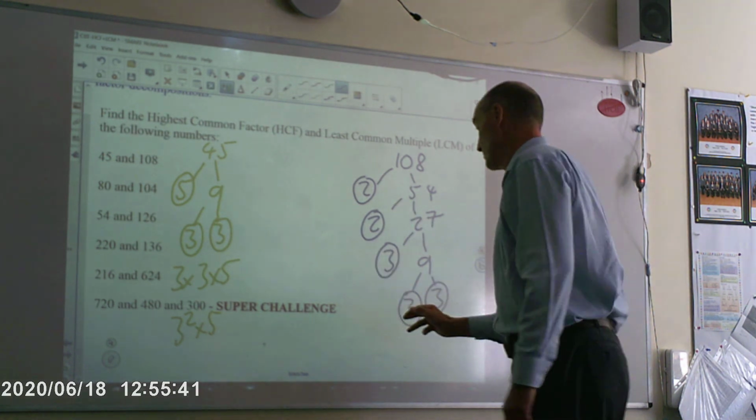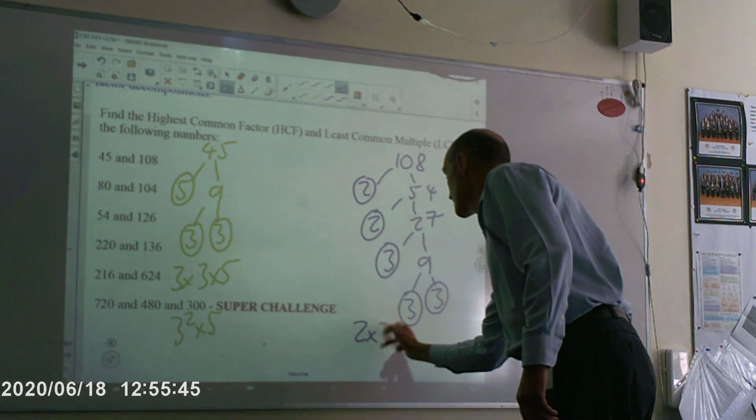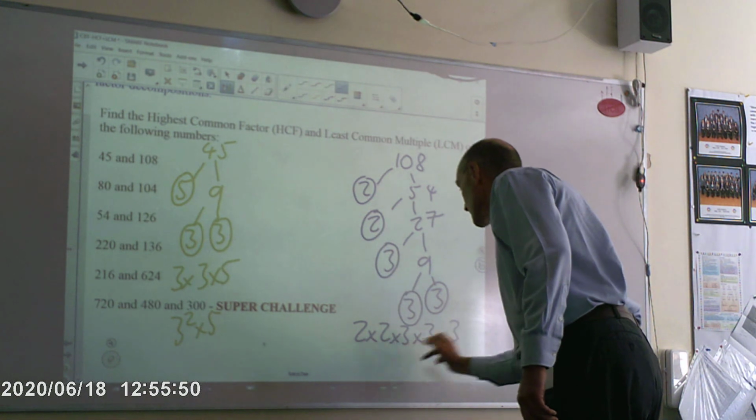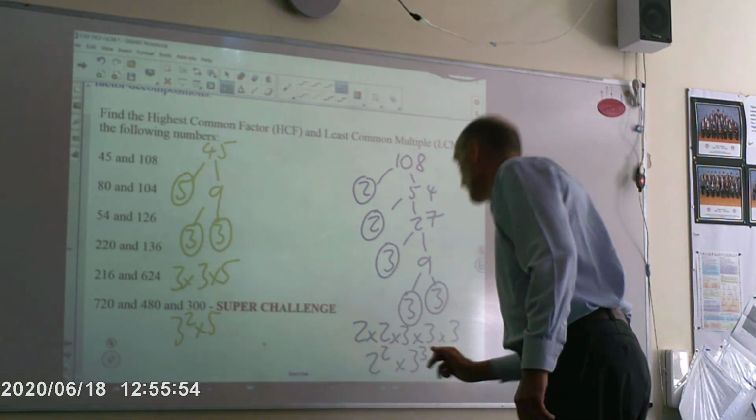So decomposing them, 2 times 2 times 3 times 3 times 3, otherwise as 2 squared times 3 cubed.